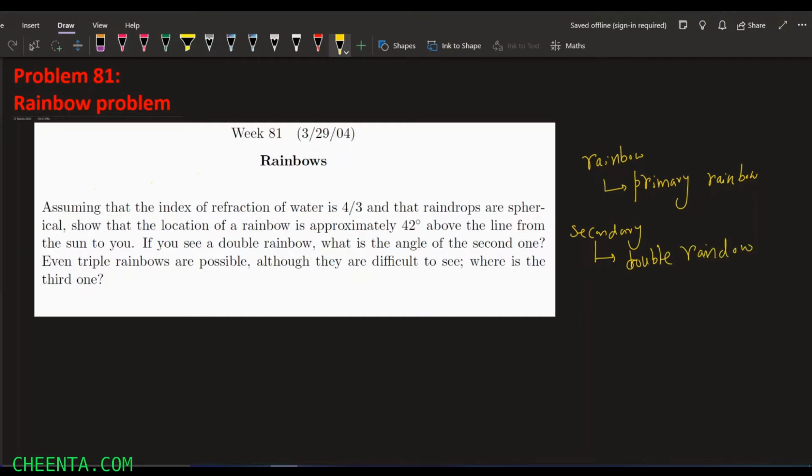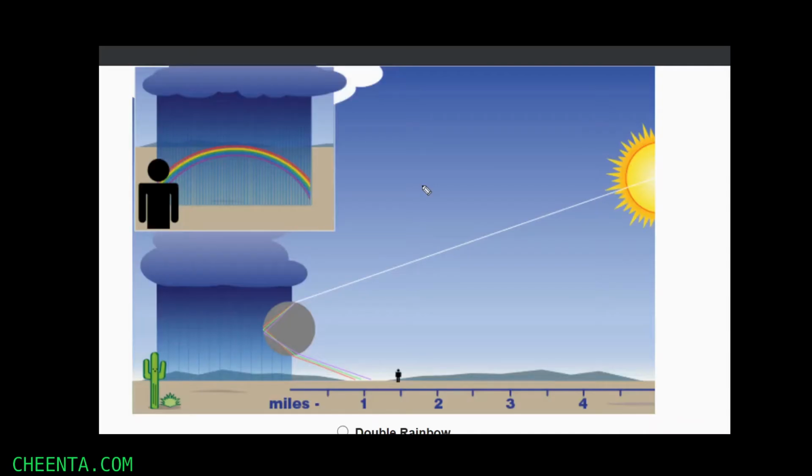So I will call the normal rainbow the primary rainbow and the double rainbow the secondary rainbow, because those are their appropriate names. Now let's try to understand what we mean by primary rainbow and what we mean by secondary rainbow.